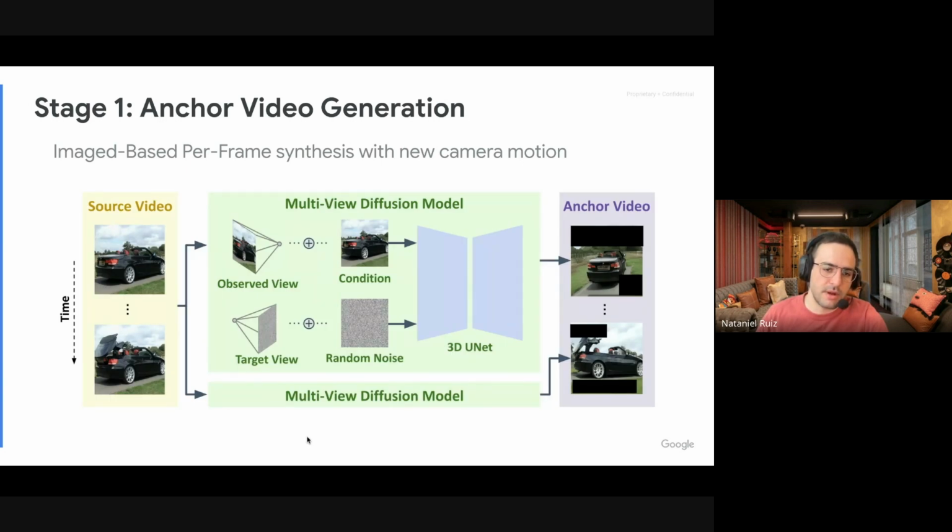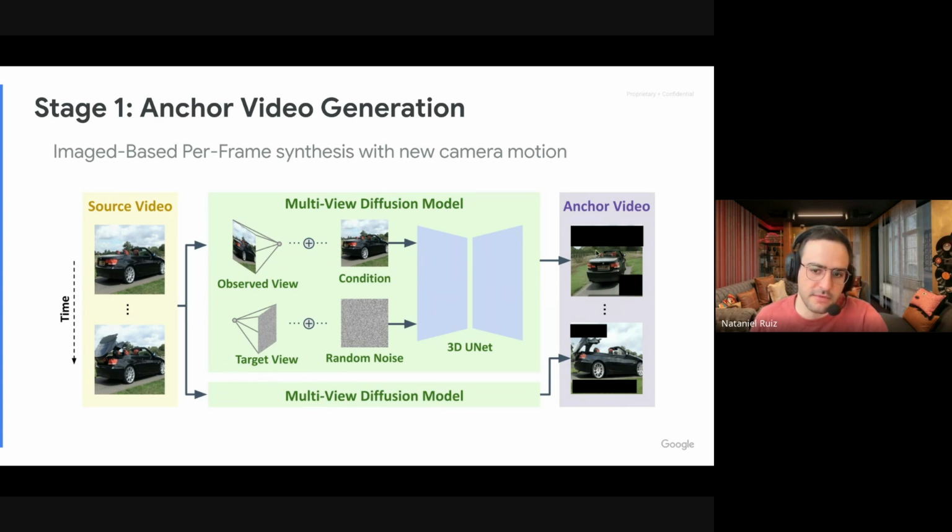You can do this as well for bigger changes, such as rotations, with multiview diffusion models. These are basically conditioned vision models trained on different views of objects. Here, for example, CAT3D. That work is great, you should check it out.